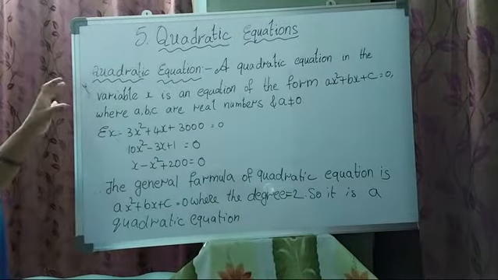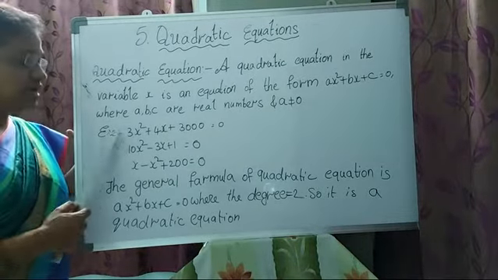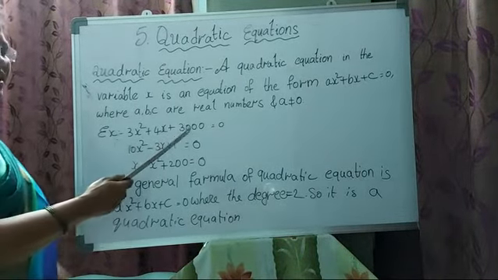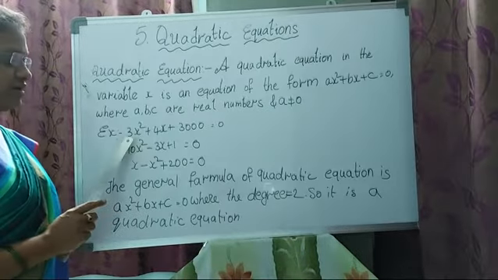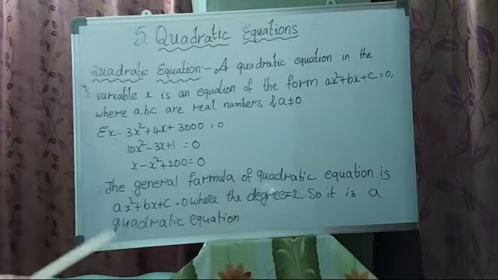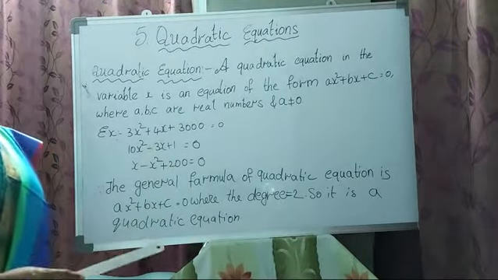That is the rule. Have a look at these examples: 3x square plus 4x plus 3000, or any constant number; 10x square minus 3x plus 1 is equal to 0; x minus x square plus 200 is equal to 0.